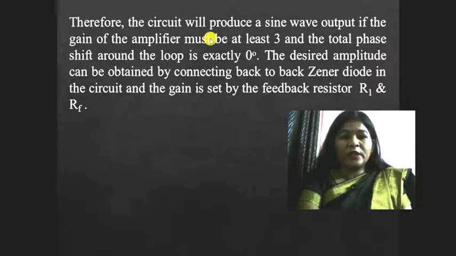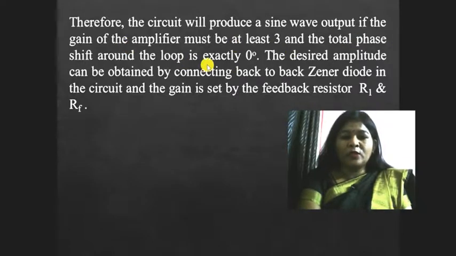The gain of the amplifier must be at least 3 in case of the Wien bridge oscillator, and in case of the RC phase shift oscillator, the gain of the amplifier must be at least 29.